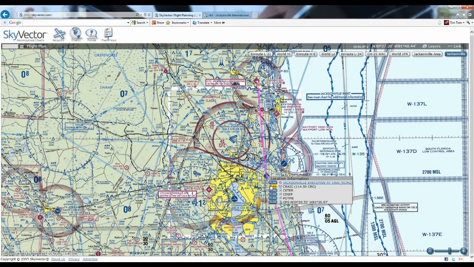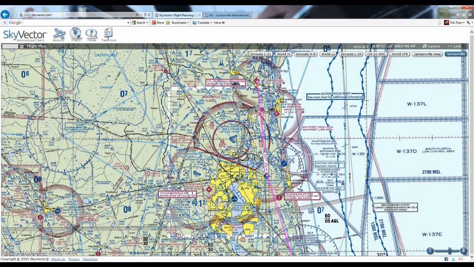Or actually, let's say this is our route of flight. So we're going to go through the class Charlie. Even if we're above the 4,000, we're going to be descending at some point along this leg. So we're most likely going to go through the class Charlie here. And again, to go through the class Charlie, we need to be talking to approach control.